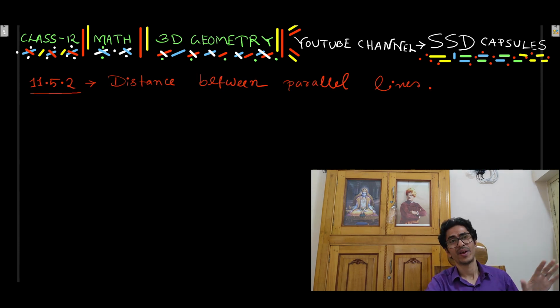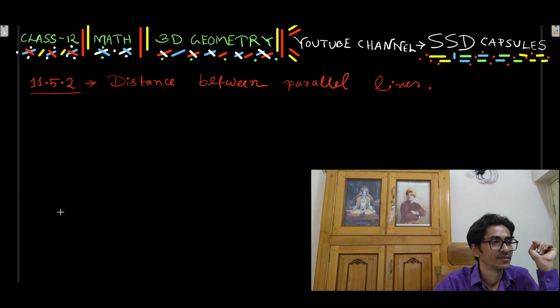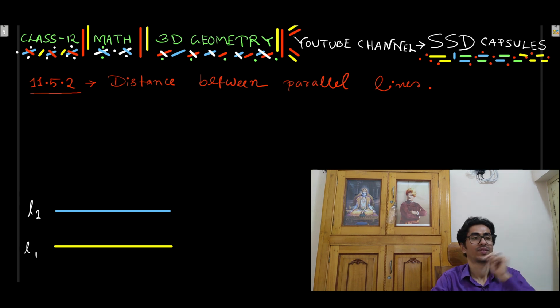So, distance between parallel lines. First we will draw the diagrams. These are the two lines which are parallel to each other. Say this one is line 1, and this one is line 2.